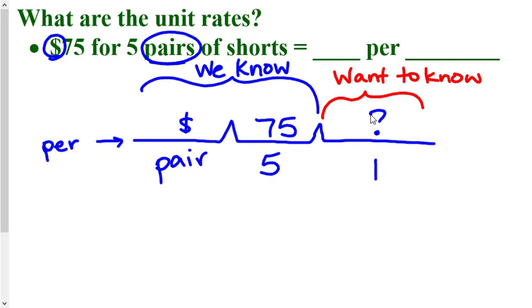Now we're in middle school, so we don't really use a question mark, although that's what it means: how much for 1. Instead, we would write that as a variable. You could use X, Y, Z, R, M, S. It doesn't particularly matter. I'm in the habit of using X. So we want to know how many dollars for 1 pair.